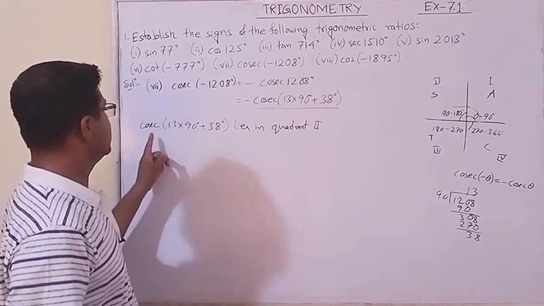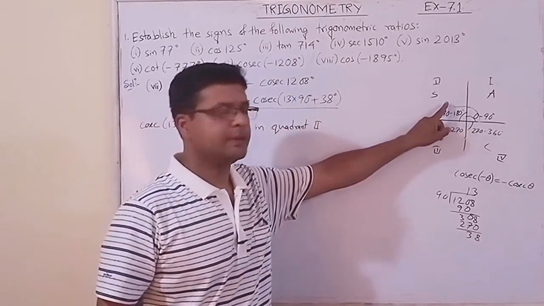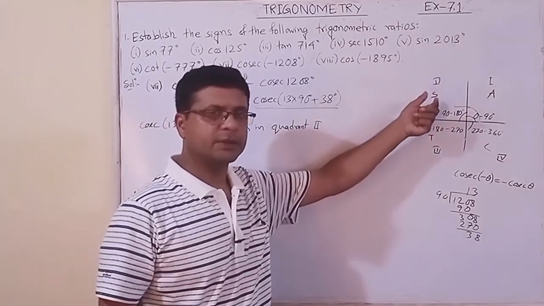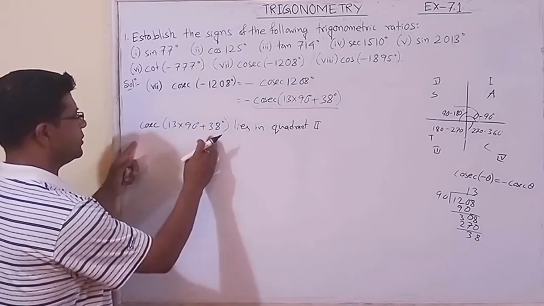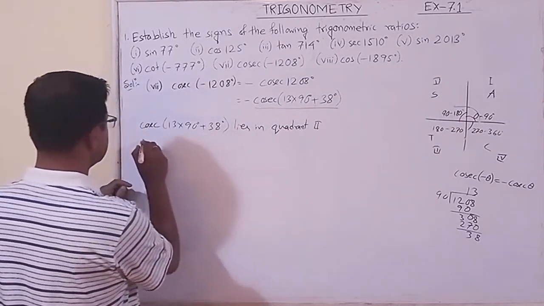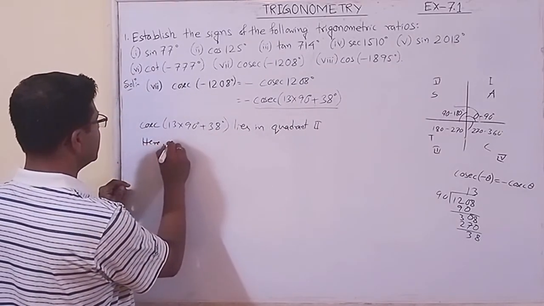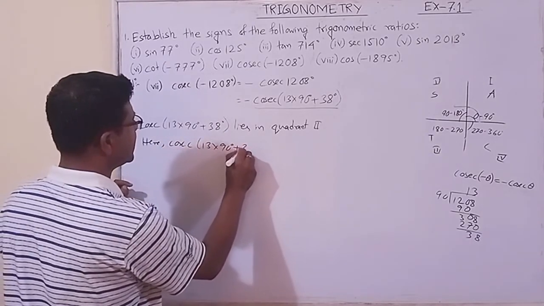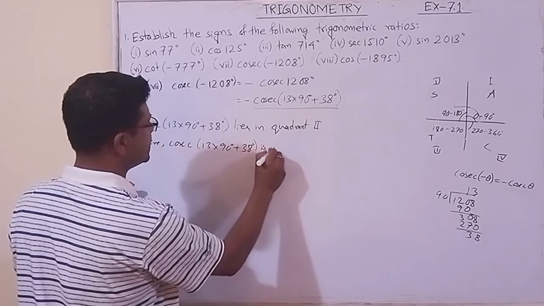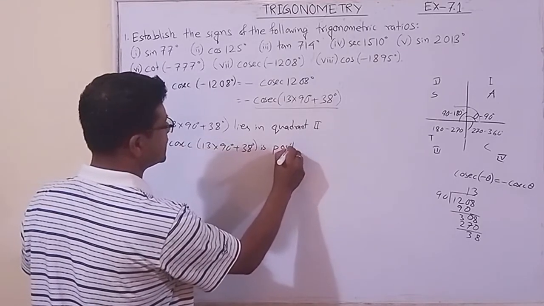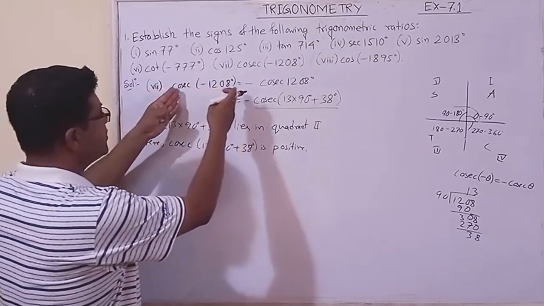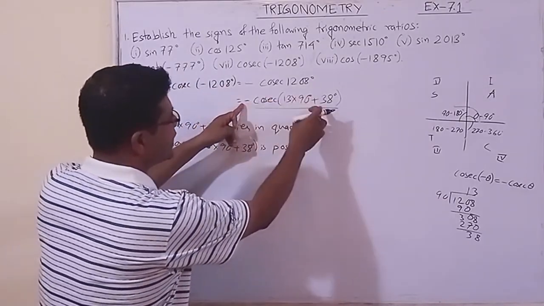Now in quadrant 2, is cosec positive or negative? In the second quadrant, sine and its reciprocal, cosec, are positive. So cosec 13 into 90 degree plus 38 degree is positive. But in the question there is a minus sign, so minus into plus is minus.